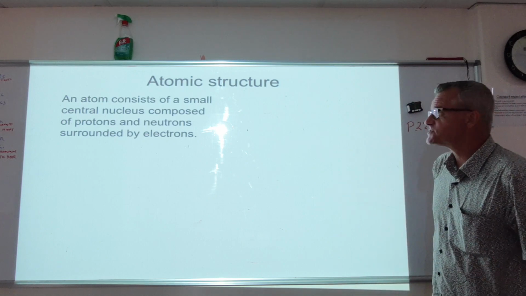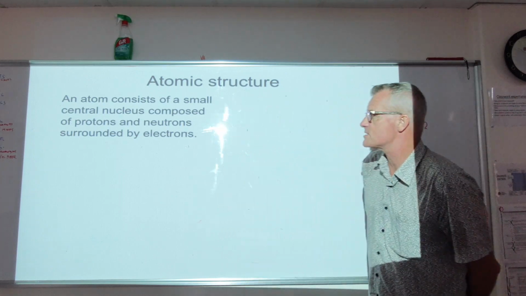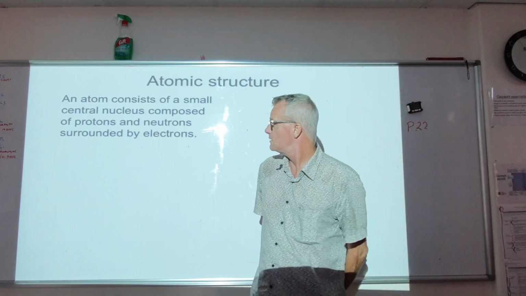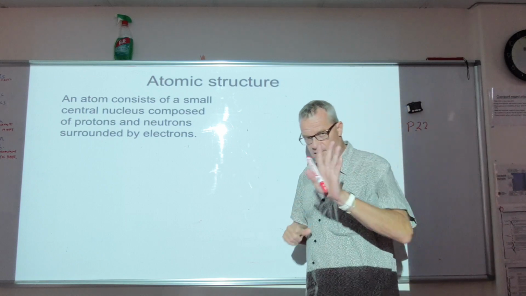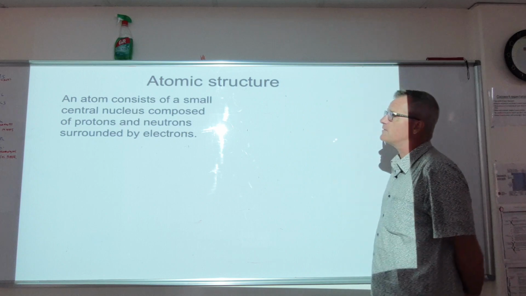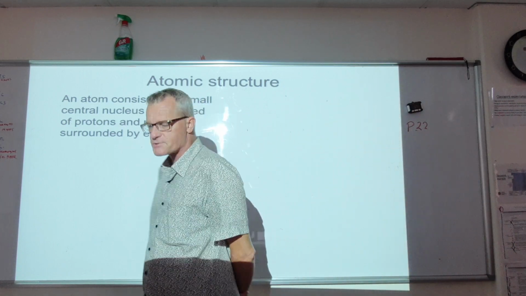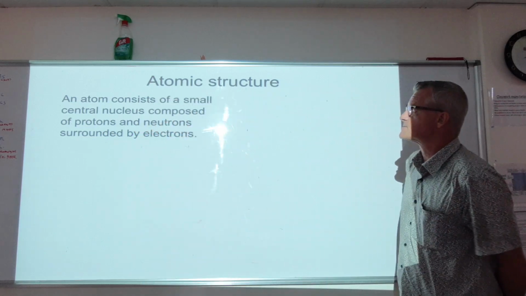An atom consists of a small nucleus, and the nucleus is composed of protons and neutrons and it is surrounded by electrons. Before we talk about these subatomic particles, I just want you to realize how small a nucleus is.